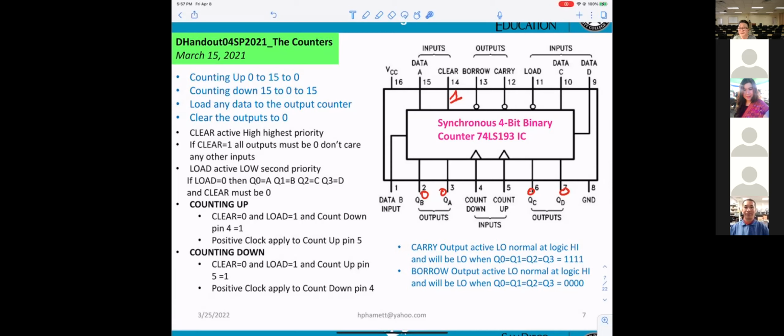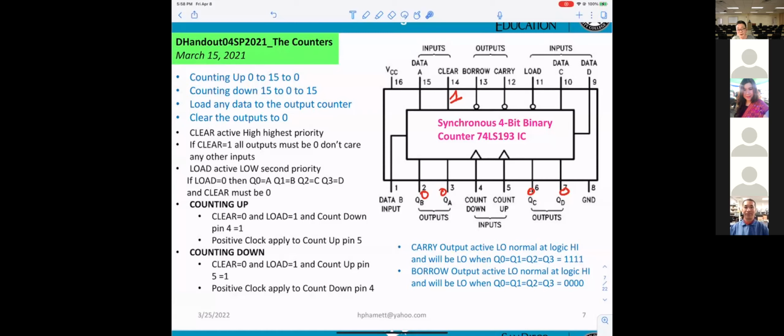The thing is, you must understand: when you apply 1 to pin 14, the outputs QA, QB, QC, QD must be 0. If they're not 0, make sure pin 14 is 1. And if the output is not 0, then you don't need to check anything else on the IC, except the power and the ground.